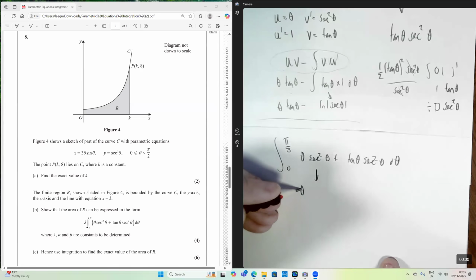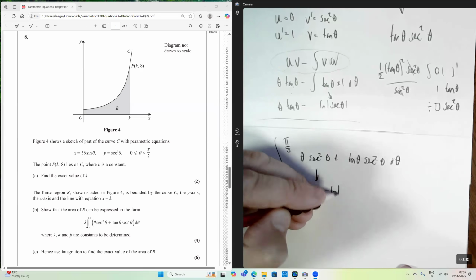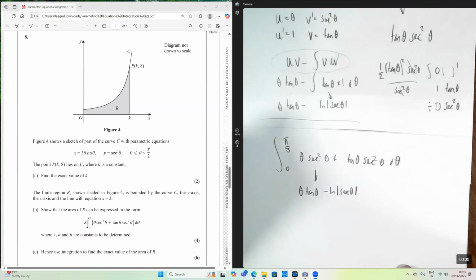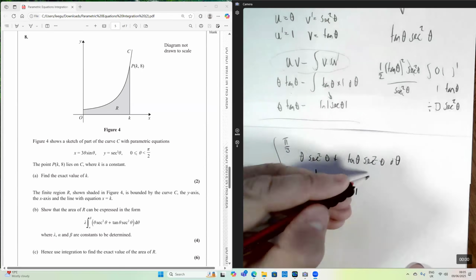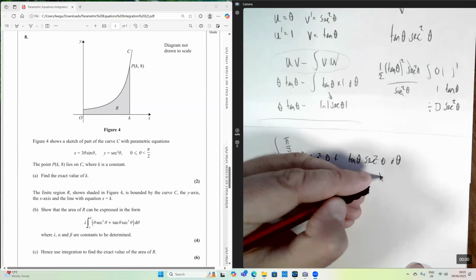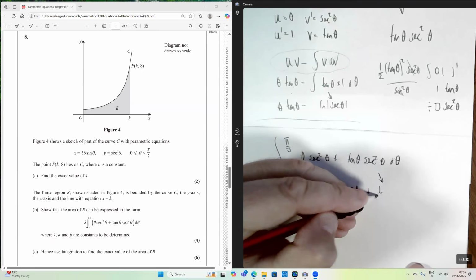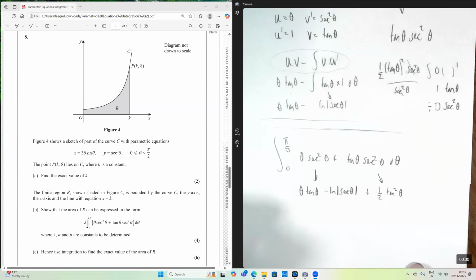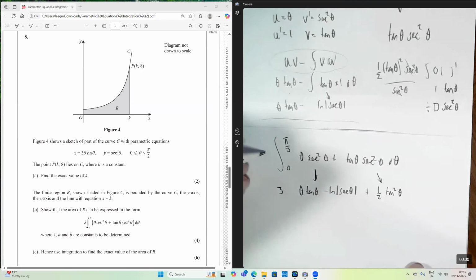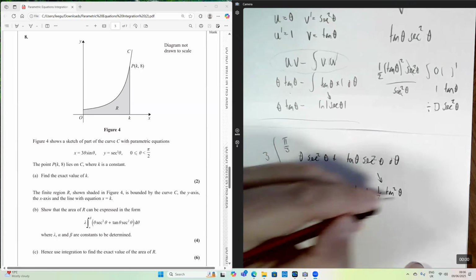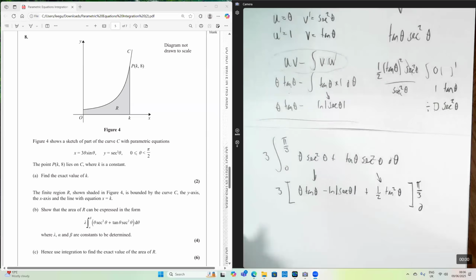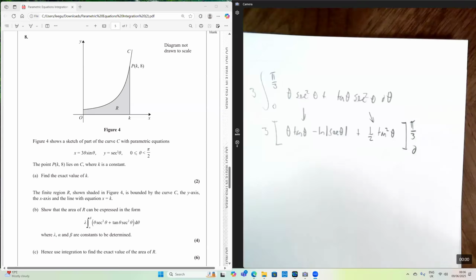So that is going to go to theta tan theta minus ln mod sec theta. And then using the chain rule in reverse, this one just goes to 1/2 tan squared theta. We've got a 3 outside the front of this whole thing. And now that we've integrated it, we have to evaluate this whole thing between pi over 3 and 0.